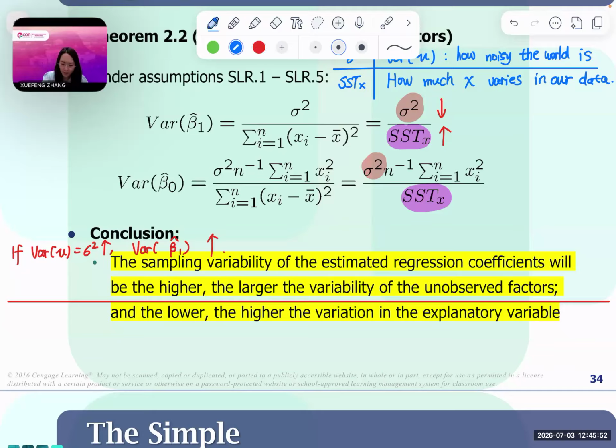But if we have a larger SST, okay, which is here, the higher the variation in the explanatory variable, which means larger SST, okay?